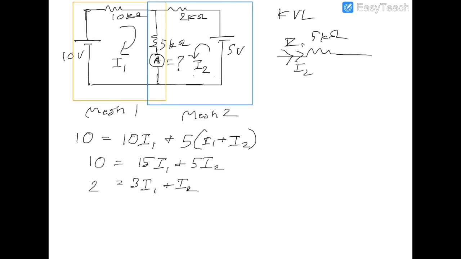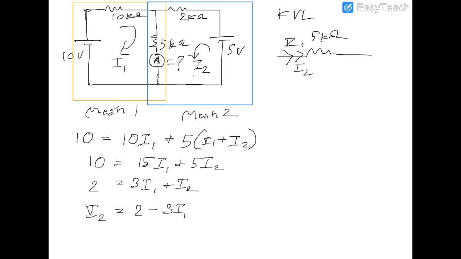You can keep it this way and solve simultaneous equations later, or I'm just going to move one term here. So I would get I2 is 2 minus 3 I1. Okay? Let's make a note of this.